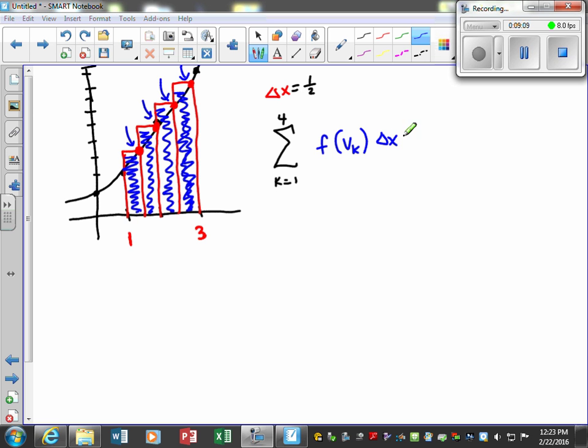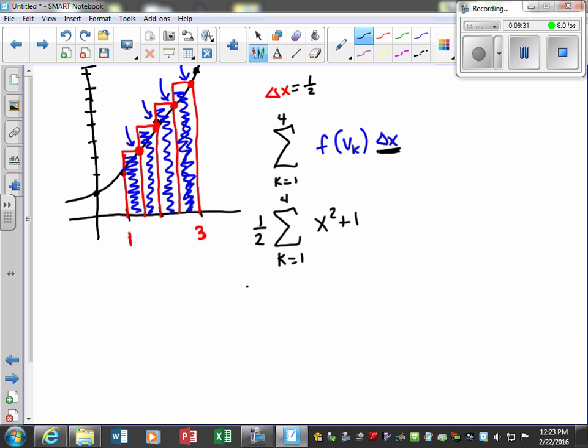And delta x was given to us, so if I just substitute in from here, I get the sum k equals 1 to 4 because it's 4 rectangles. Our function is still the same. And delta x is 1/2, which remember we pulled it out front before. I just went ahead and pulled it out front.